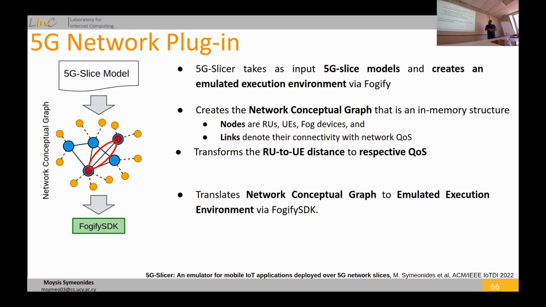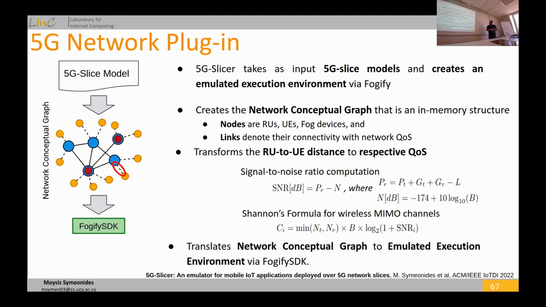And the links between the nodes are annotated with the network QoS for the specific link. And in order to create the network QoS for the mobile nodes to the network components, we apply some mathematical functions from the network community. Finally, we translate the network conceptual graph via FogifySDK into an execution environment.